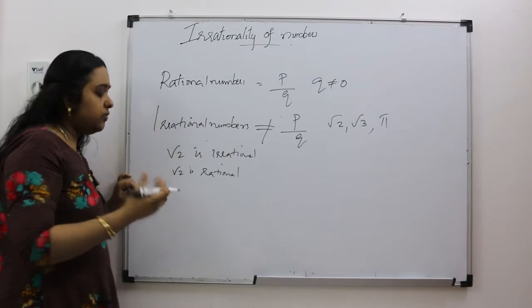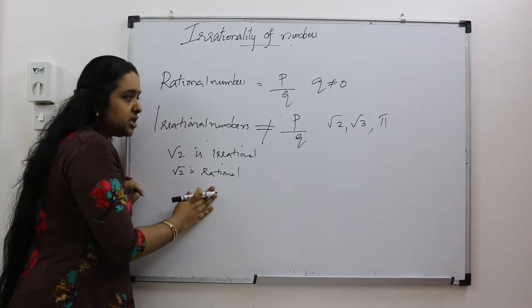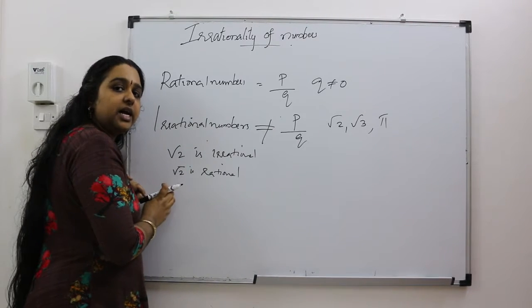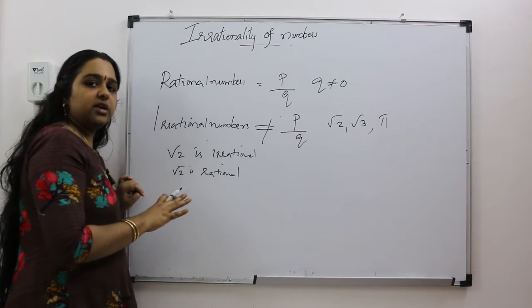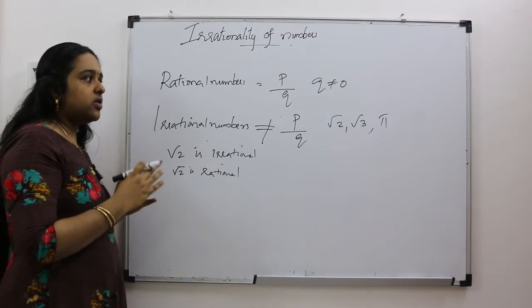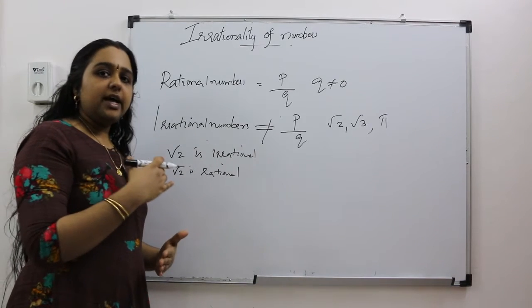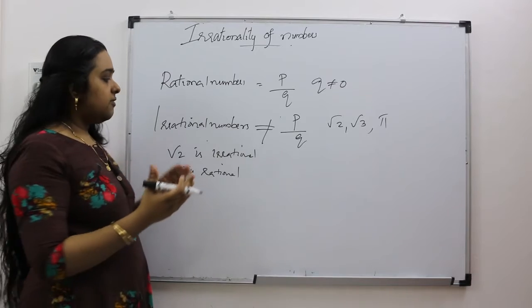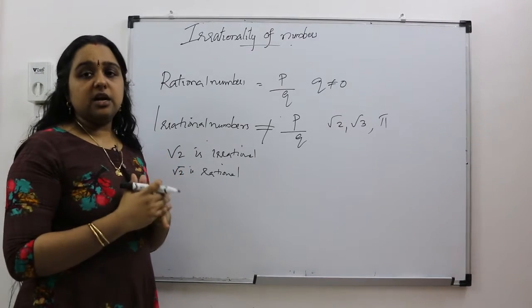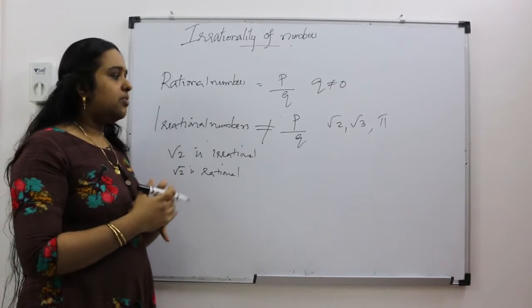First we assume root 2 is rational. Then we check whether that condition is satisfied or not, to see whether our contradictory assumption is wrong or not. As per that, we can conclude whether this number is irrational. That way only we can prove it, otherwise we cannot.